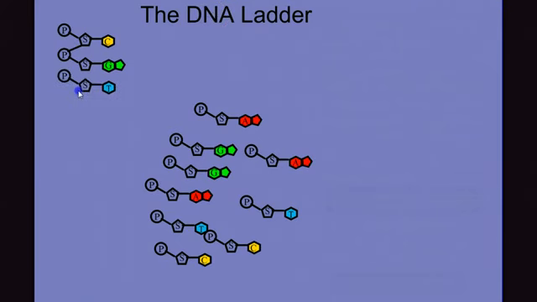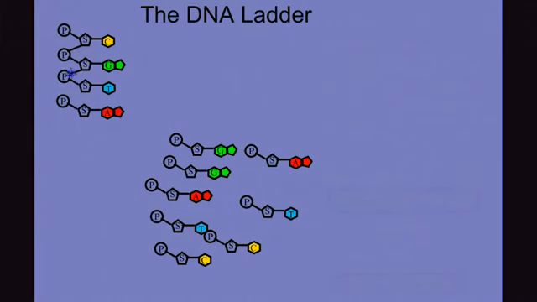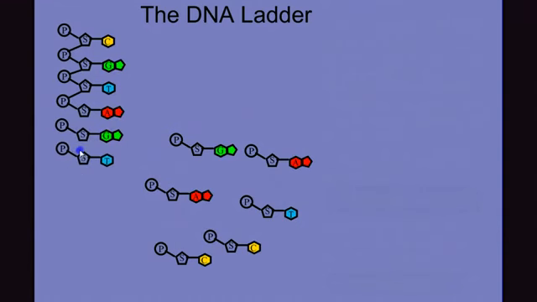So then I can grab another and another, and I'll build those bonds. The sugar of one to the phosphate of the next, and the sugar of one to the phosphate of the next. And I can continue, and notice that I'm not really paying attention to the order, C, G, T, A, G here. It's just kind of random at the moment. We'll talk about when the order is important.